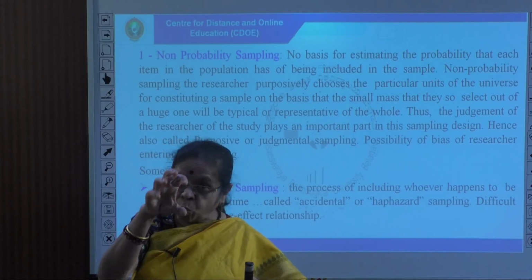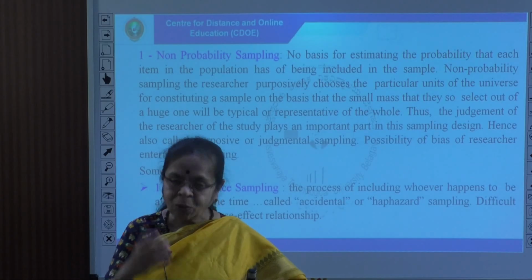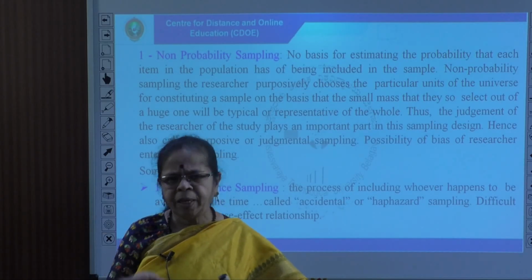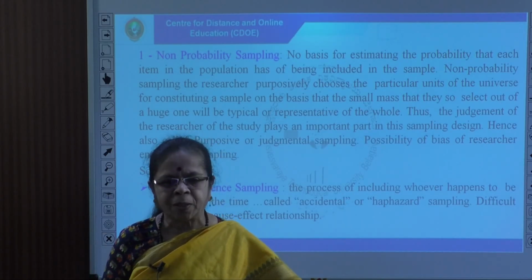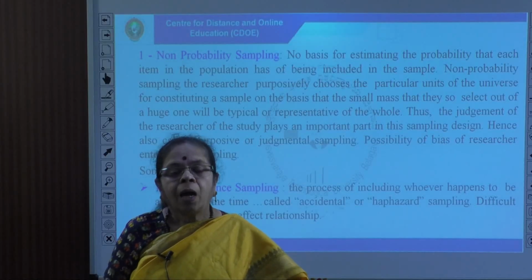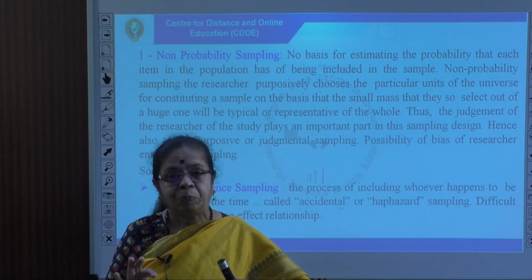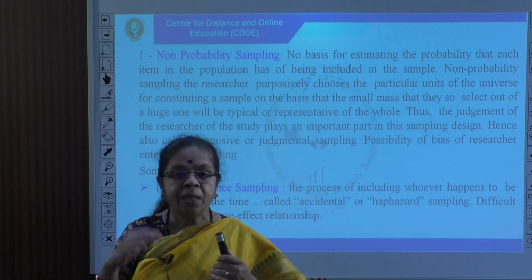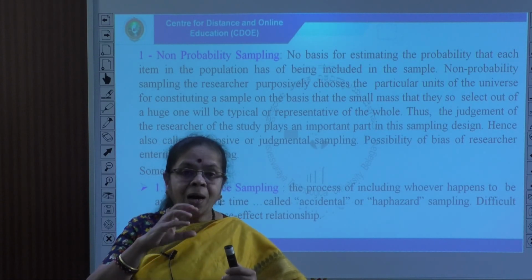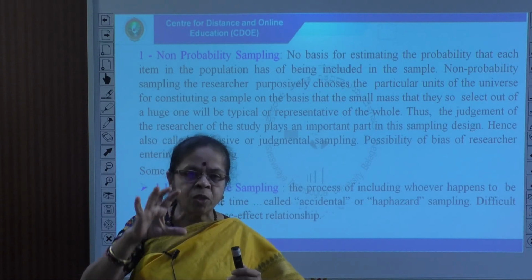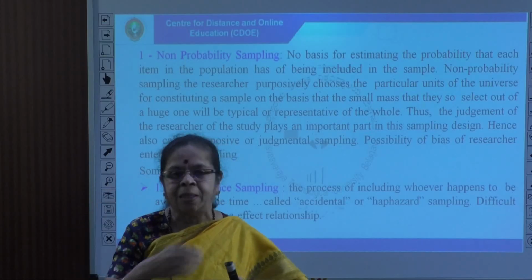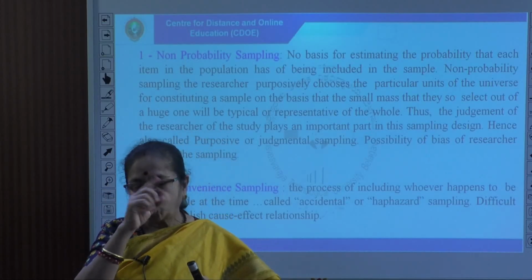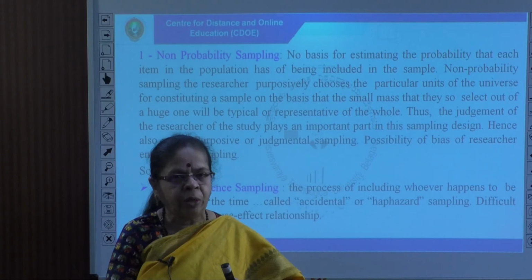The researcher chooses purposely because I know the school, or I have the names, or for some reason I choose it, and I feel that these schools are representative of the schools in the entire city. So, now tell me, will my bias come into it or not?